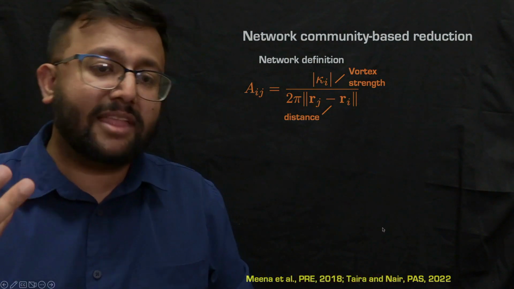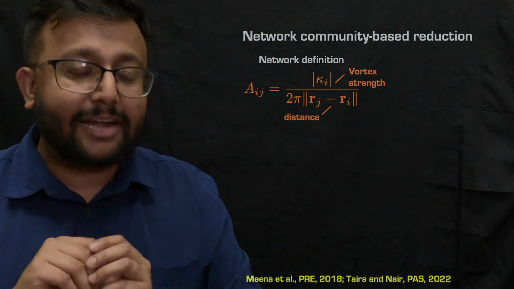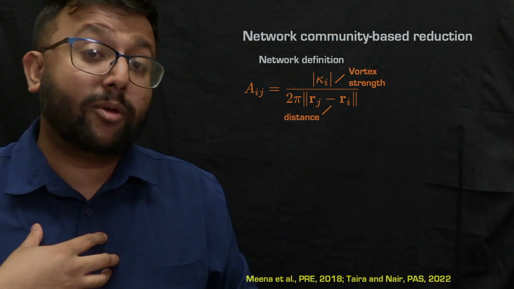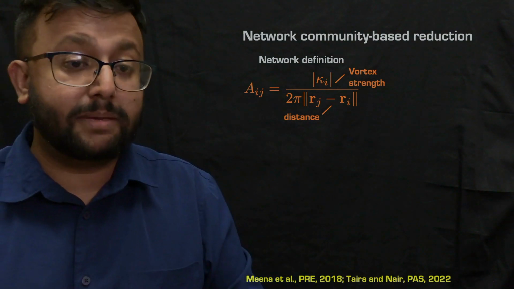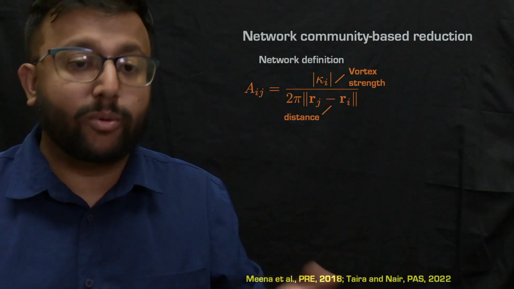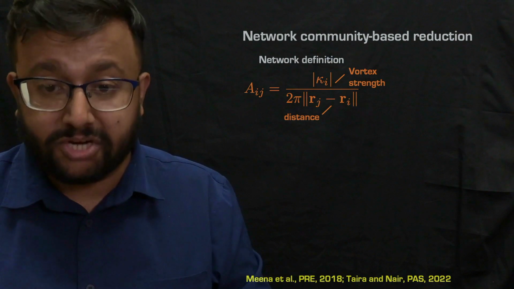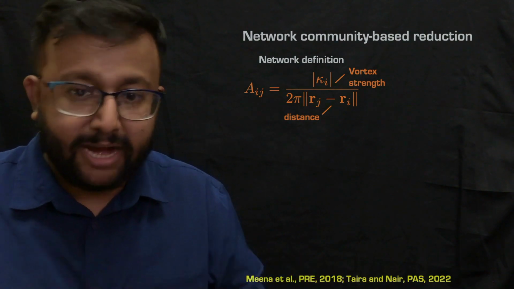So you have the vortex strength. If I have some vortices in the system and they are interacting with one another, if I am an influential vortex or I have a greater strength, I have more influence over the others around me. If I'm closer to the other vortices, I again have more influence with the ones that are closer to me, right? That's what this network representation means, right?